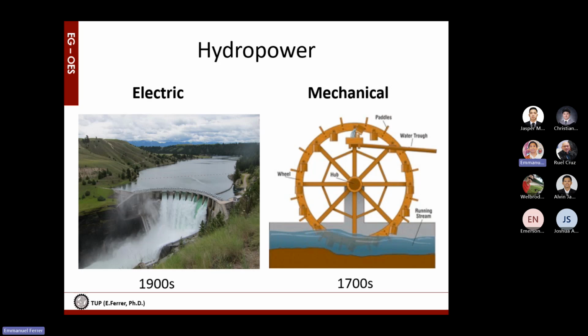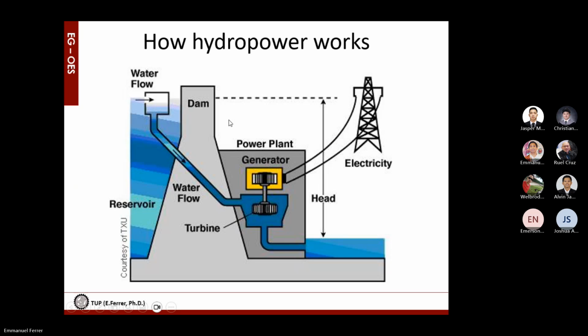So, potential energy to kinetic to power water turbines. Yeah. So I think familiar na kayo dito sa design ng hydropower. So we need to have a dam or reservoir to store, to have that potential energy, and then syempre bubuksan siya to let it flow downwards to run ating turbines.